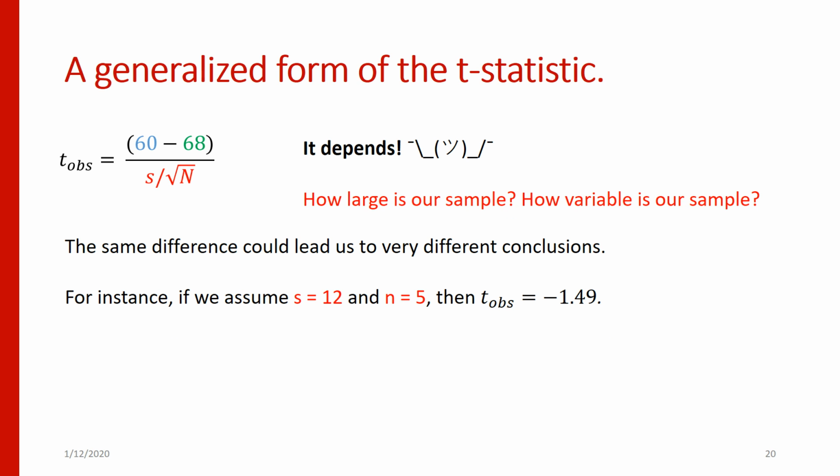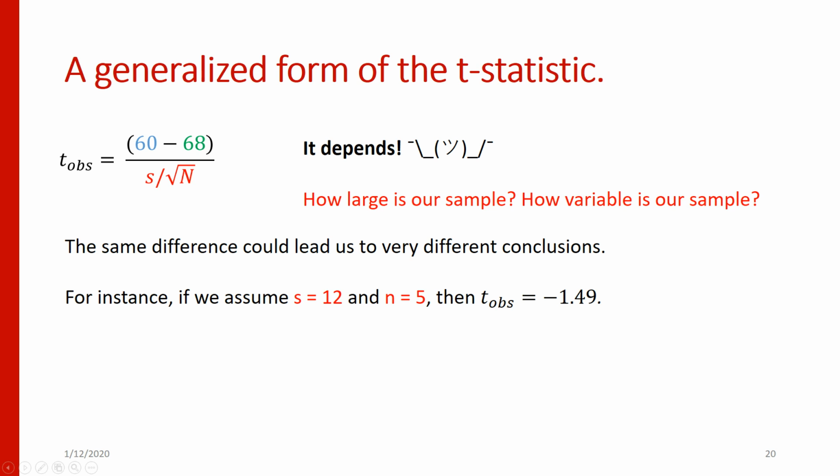And the answer is, it depends, right? It depends on how large our sample is and how much variability there is in our sample, because that standard error is really the standard deviation of the data divided by the square root of n, right? So the same difference could actually lead us to some very different conclusions. If we assume that the standard deviation was 12 and we only took a sample of 5, then t observed is going to be negative 1.49.